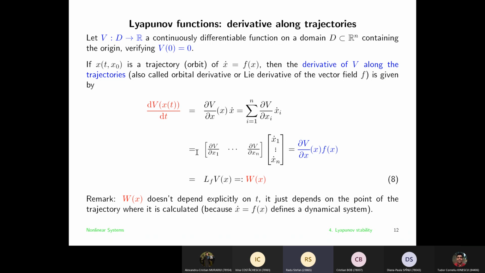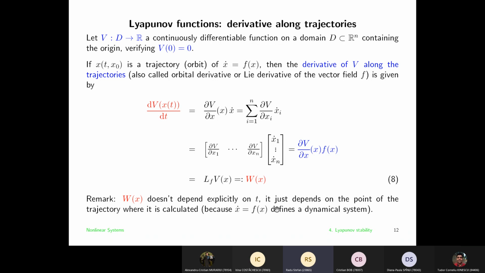And then you get this formula. It's the sum of the partial derivative of V with respect to every state multiplied by the derivative of that state. And if we notice that x dot i is actually f i of x, then you end up with formula 8.